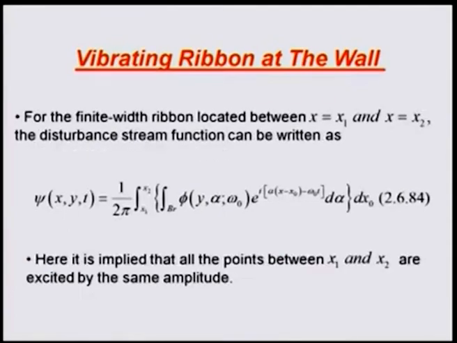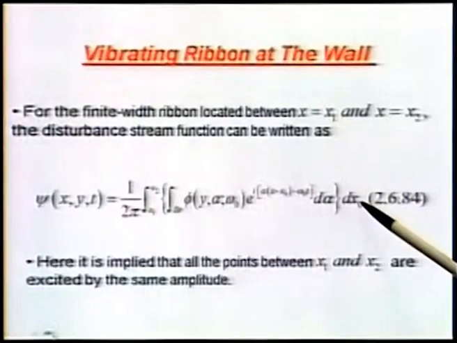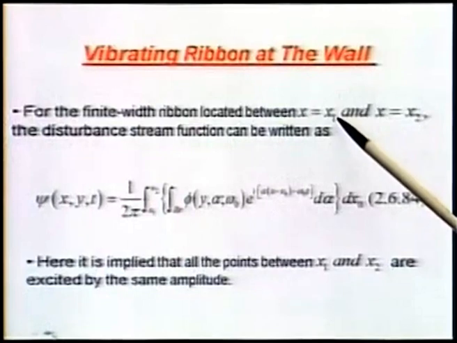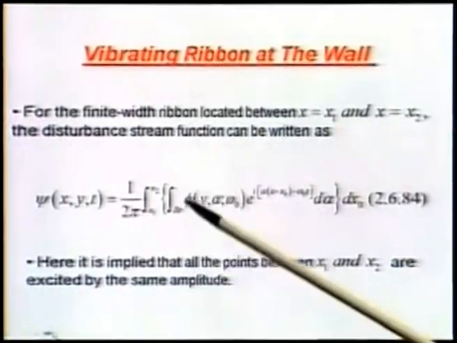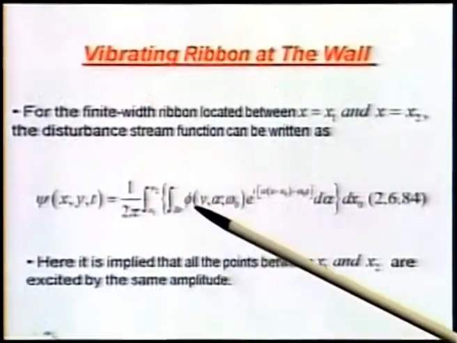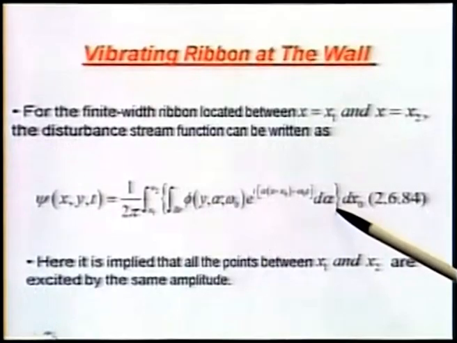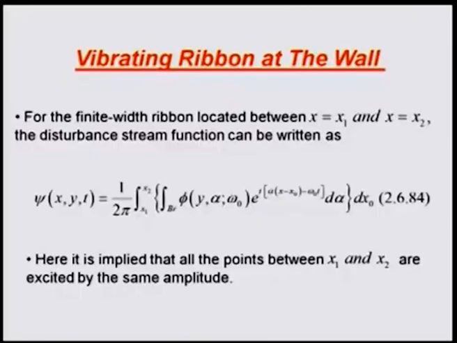What I need to do is take that unit solution where the exciter is at x naught and integrate over a range of x naught going from x1 to x2. So let's say I have this impulse response, those solutions that we have shown you so far.